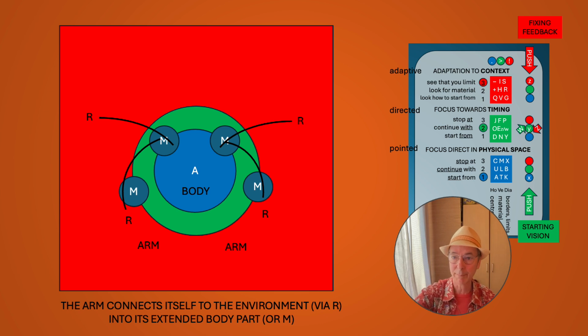And the R makes a connection to the environment. It makes these movements and connections to the environment. That's why the A, R, M is so easily understood from this perspective. And that's how body parts are not simply associated from the physical space.